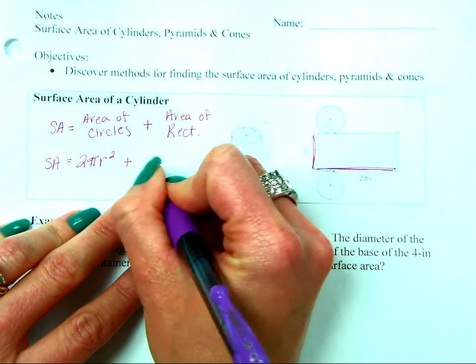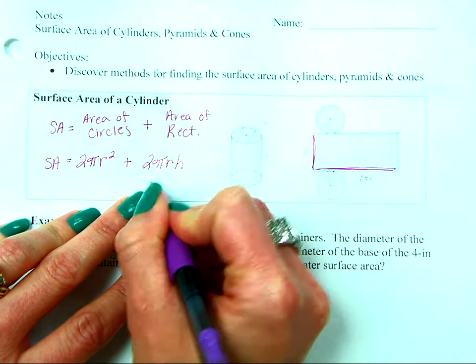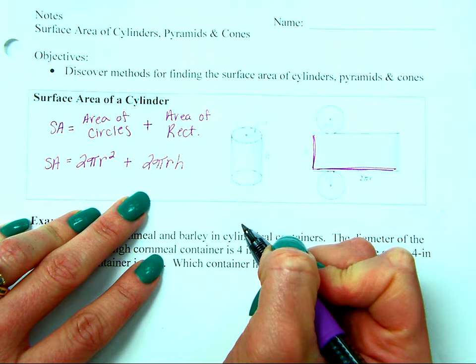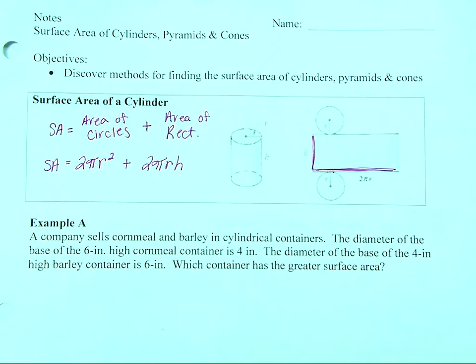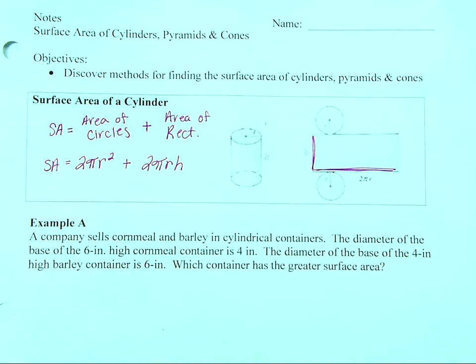So base times height is going to be 2 pi r h. Sometimes kids will get concerned because they may not remember the formula for the surface area of a cylinder, but if you took some time to think about it, I think you could derive it.